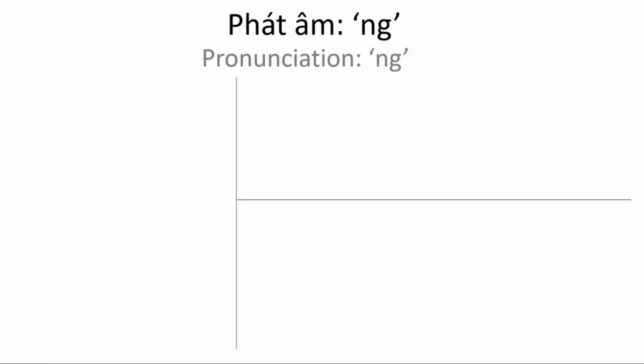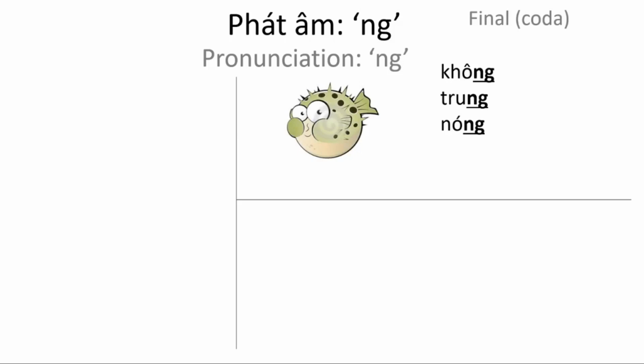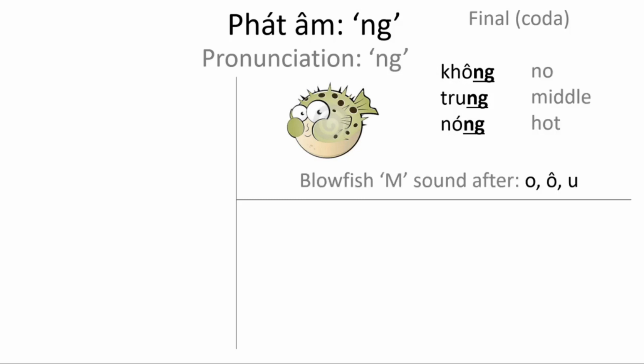Now, to sum up the variations of this NG digraph, let's look first at the final or coda sound. This is your blowfish sound with không, chung, nóng, respectively meaning no, middle, and hot. This blowfish M sound comes after the pure vowels a, o, u, as previously said.